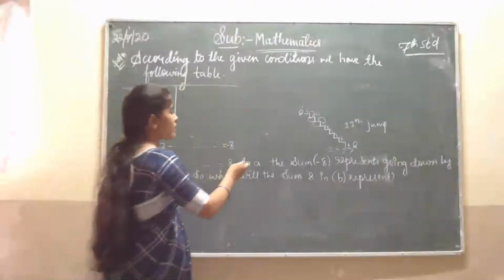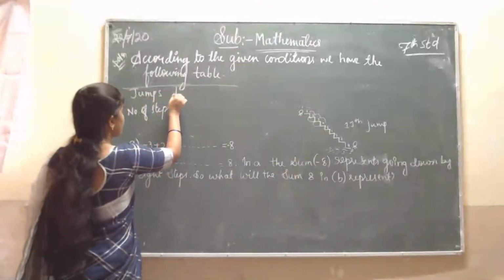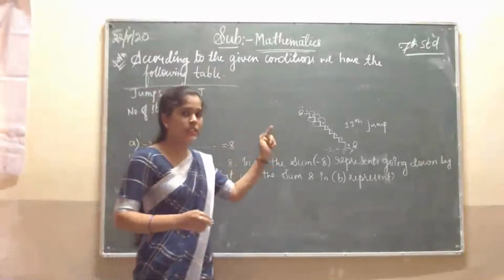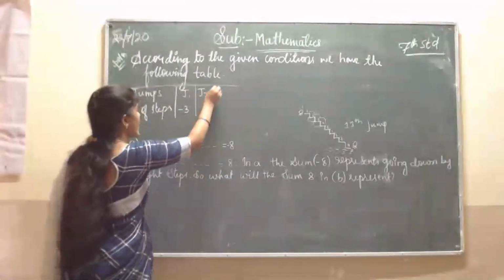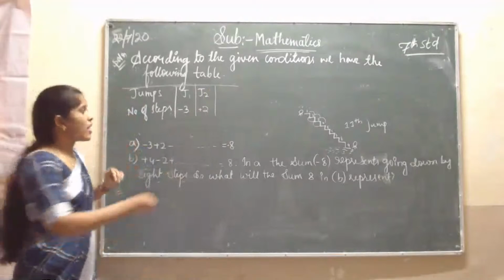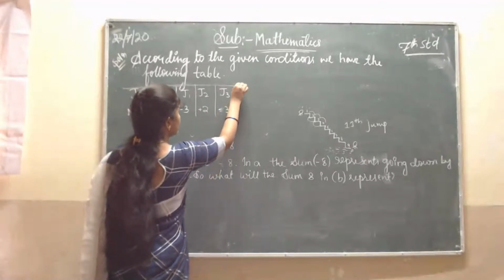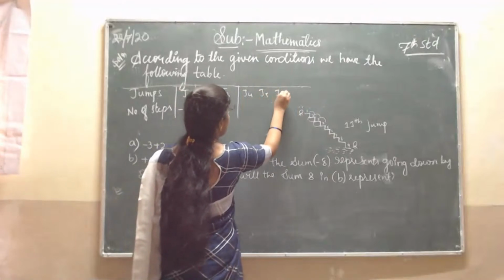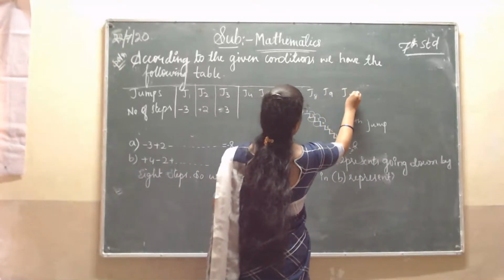At the first jump, the monkey is on the 4th step. So the first jump is minus 3, because he is coming 3 steps down. At the second jump, the monkey is coming up 2 steps, so plus 2. The same repeats up to the 11th jump: J3 minus 3, J4, J5, up to J11.